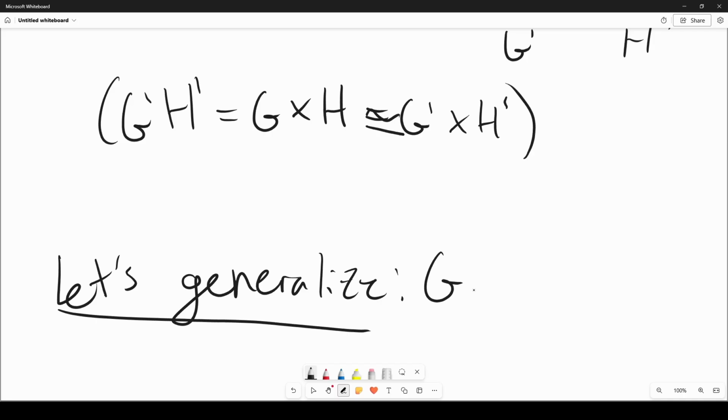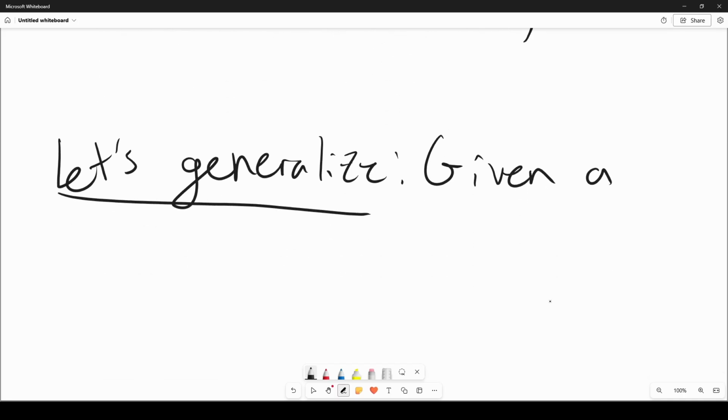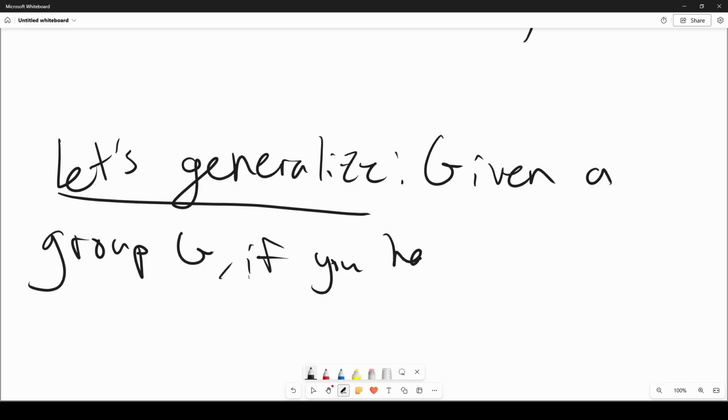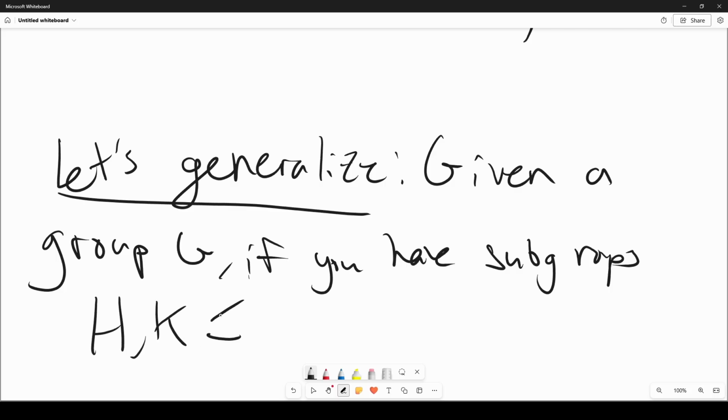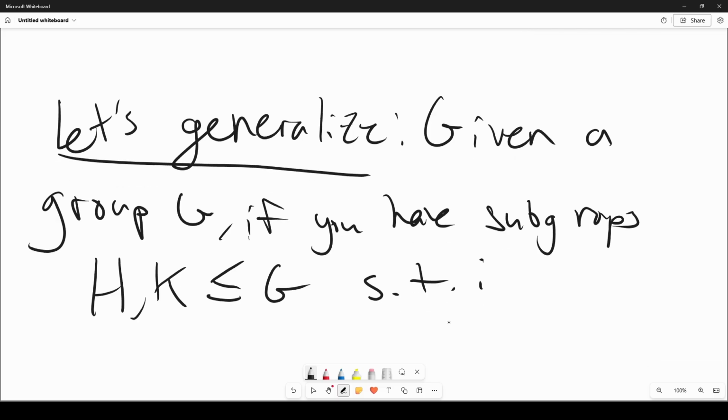Given a group G, if you have subgroups H and K such that the following things hold, we're going to have a direct product.